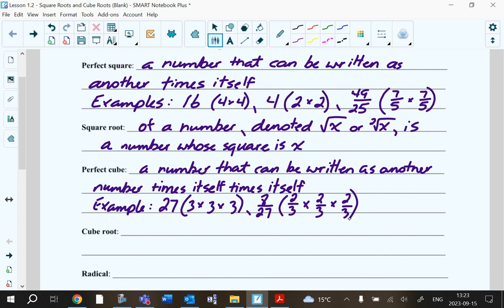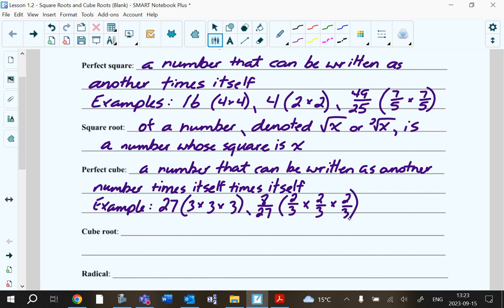And we can continue. We can talk about fourth roots, fifth roots, sixth roots. The same thing applies. So the sixth root of a number is a number that, multiplied by itself six times, gives you that number under the sixth root.